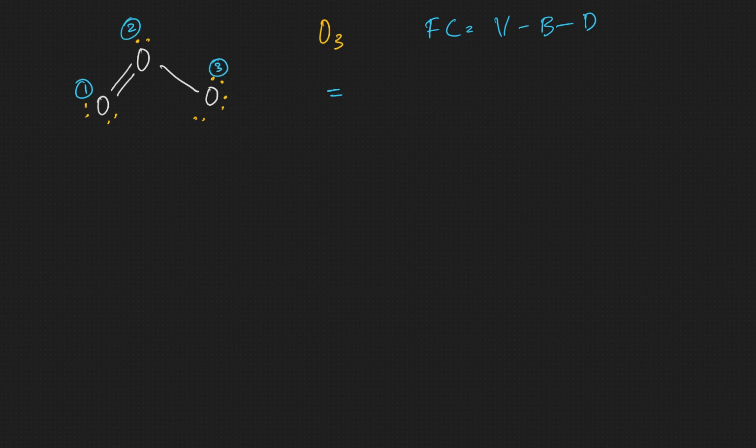Formal charge of oxygen 1 is 6 minus number of bonds, 2, minus number of free electrons, that is number of dots, 4, so 0.